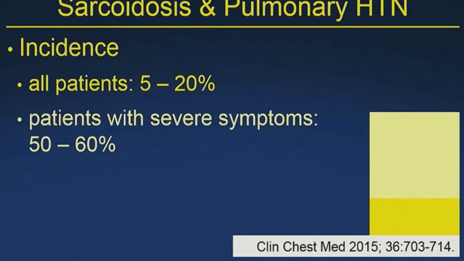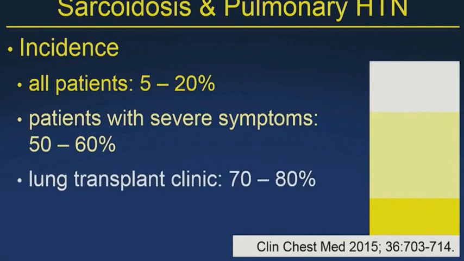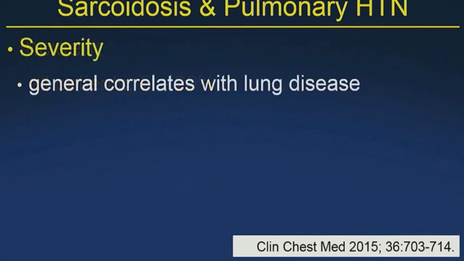If you look at patients with sarcoid and severe symptomatology, as in our index case, the incidence of pulmonary hypertension is substantially higher. And then if you look at sarcoid patients who are being referred for lung transplantation, almost all of them will have some degree of pulmonary hypertension.